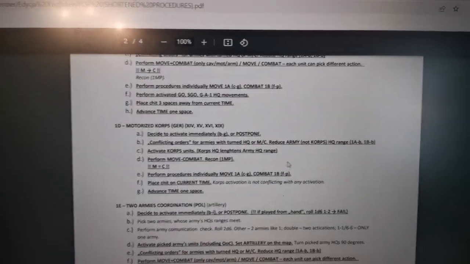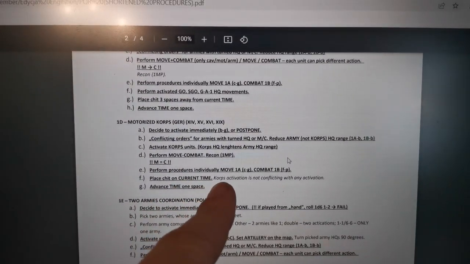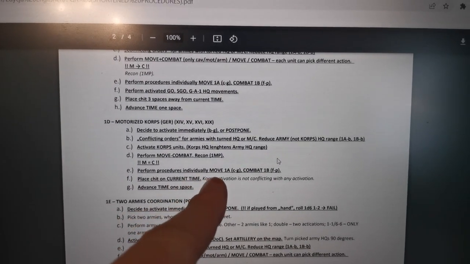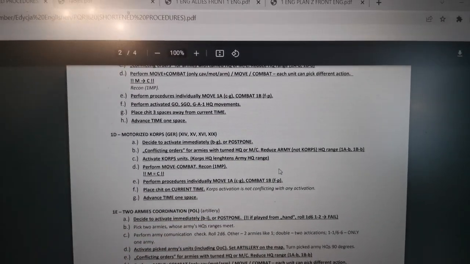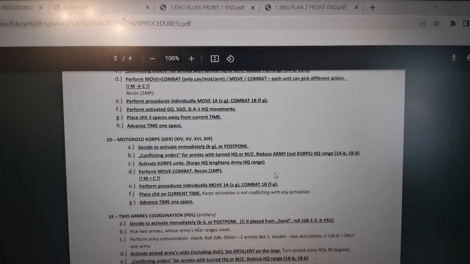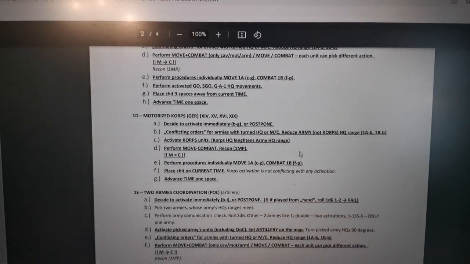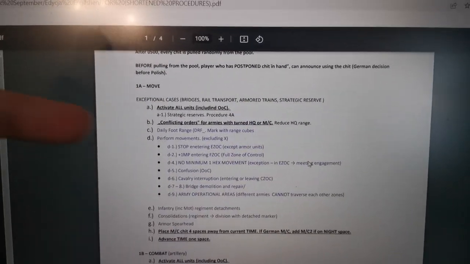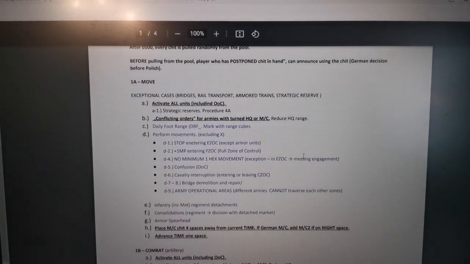Motorized corps, perform procedures individually, move 1ACG. So when you activate, for example, with corps activation, if you want to go to the movements, you just go back to 1A and then perform C to G.